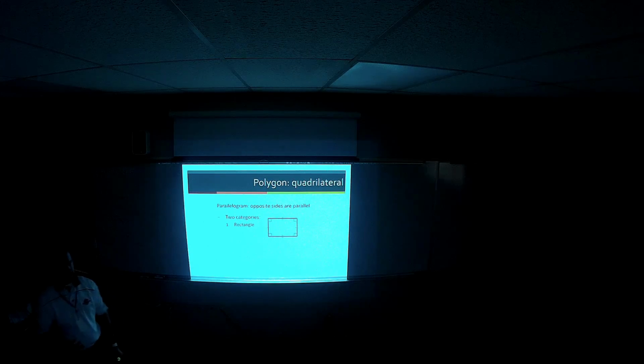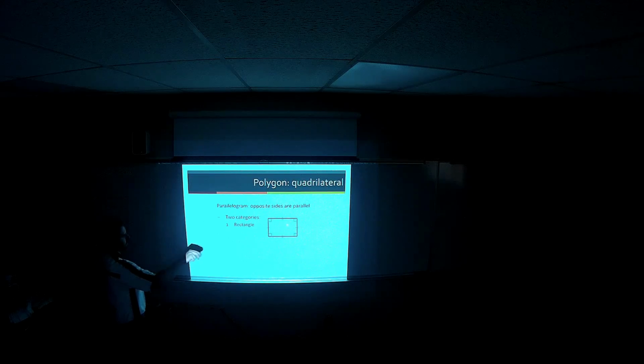Now, do you notice this picture? What else can you tell me about a rectangle by looking at this picture? What do these markings mean? What's something else that you know about a rectangle, other than having 4 right angles and the walls are parallel? Sides are equal.